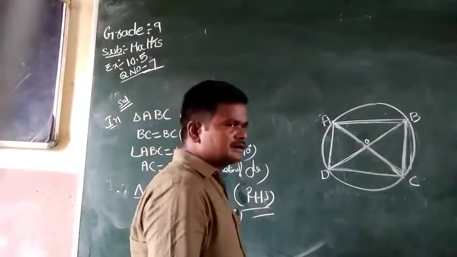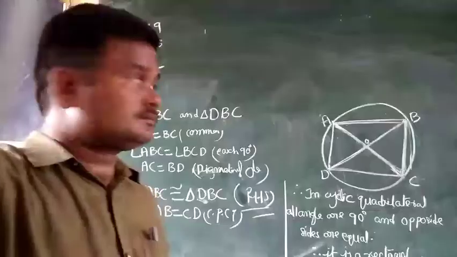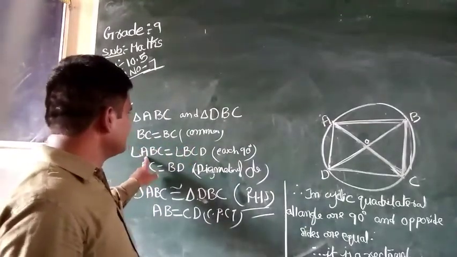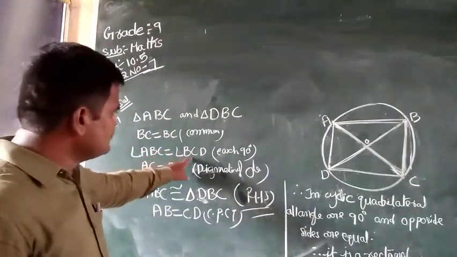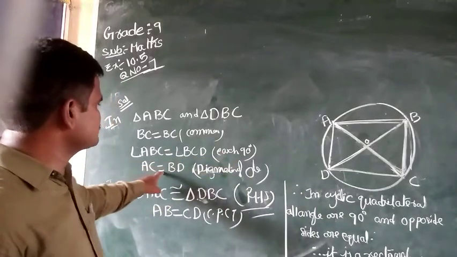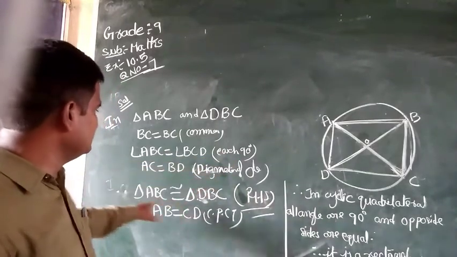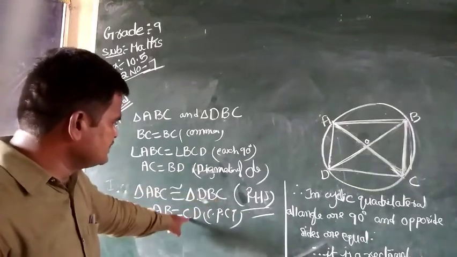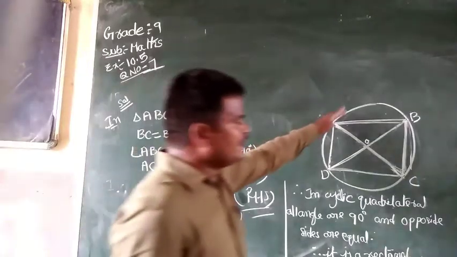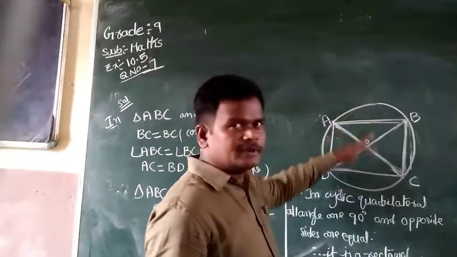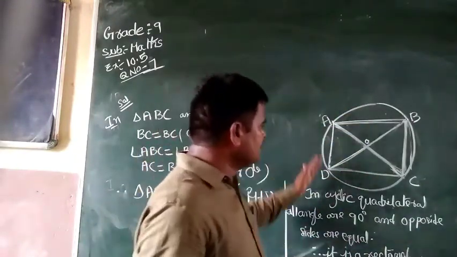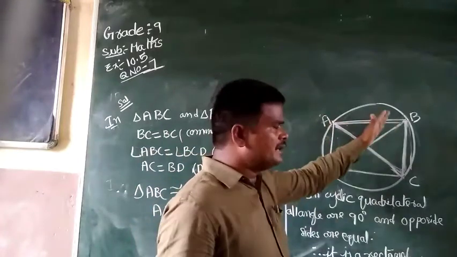BC equals BC common, angle ABC equals angle BCD equals 90 degrees, and AC equals the diameter of the circle. So AB equals CD. Previously we proved AD equals BC, and now AB equals CD.